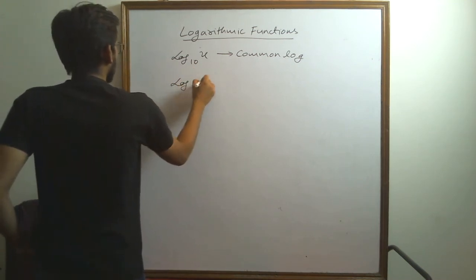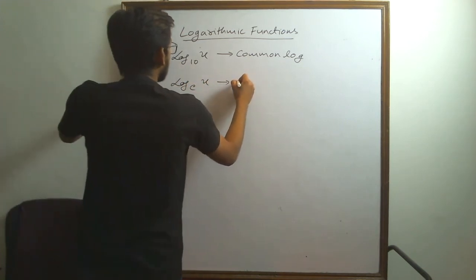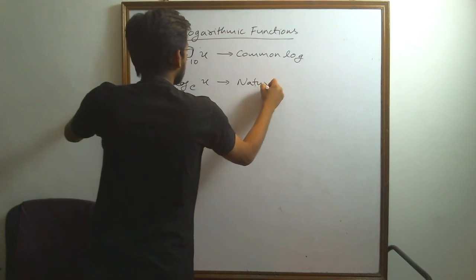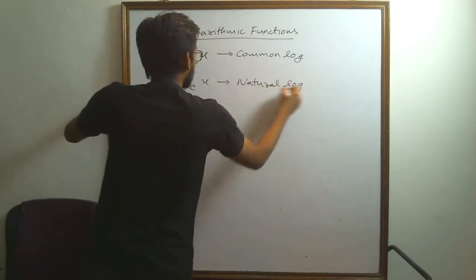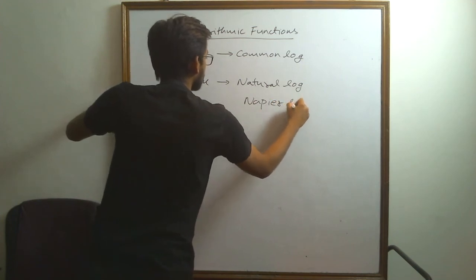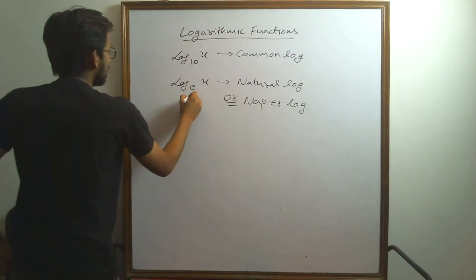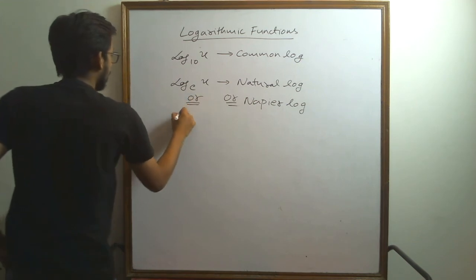Also, log x to the base e is known as the natural log or the Napier's log as well, and it is also written as ln x.